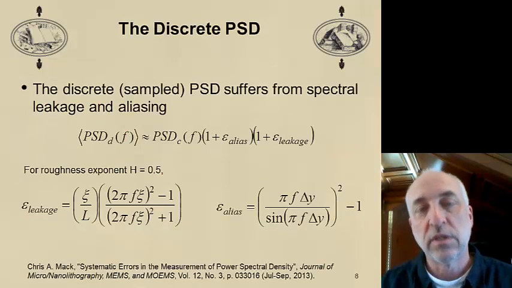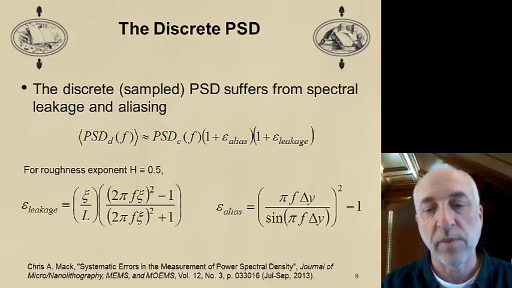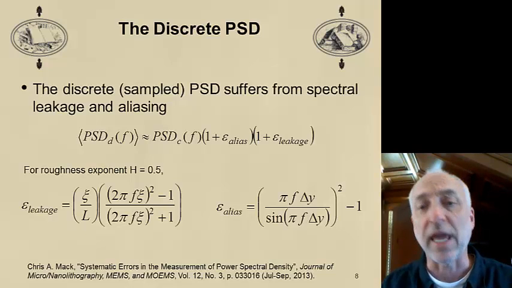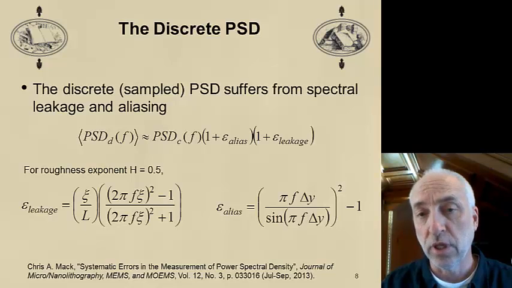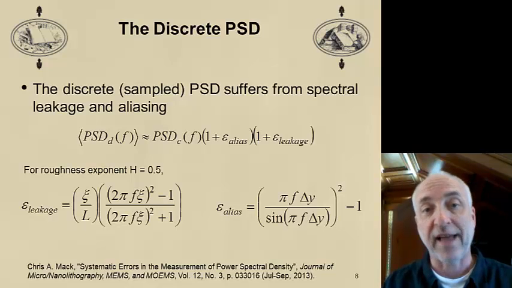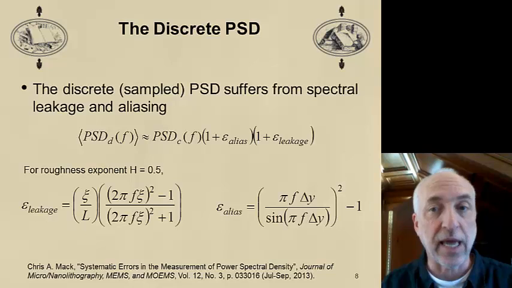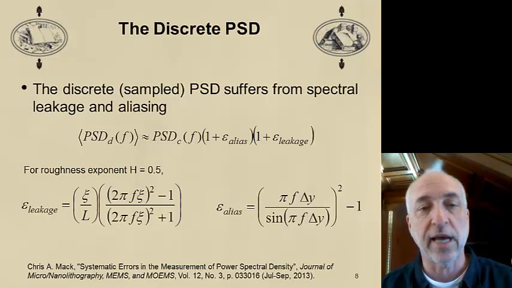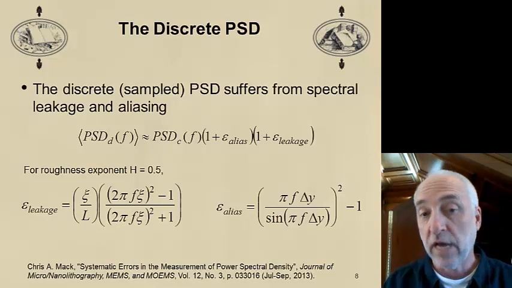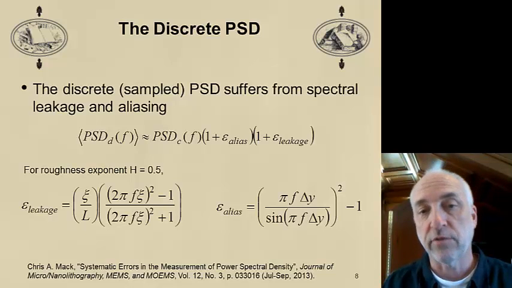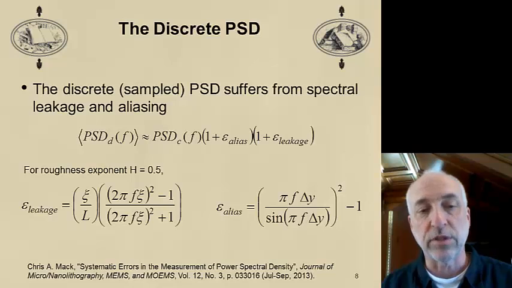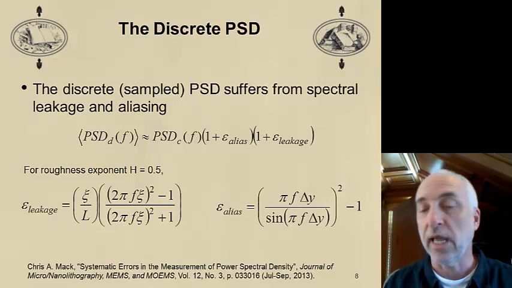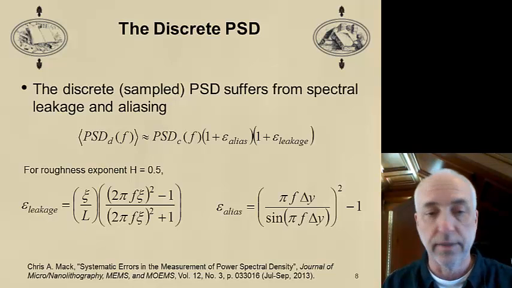Another problem that I talked about in my paper a couple of years ago was the problems of aliasing and leakage that is inherent from the fact that we're sampling a finite sized length of line when calculating our PSD. Now, for the case of a roughness exponent of 0.5, I was able to derive analytically what these leakage and aliasing factors are.